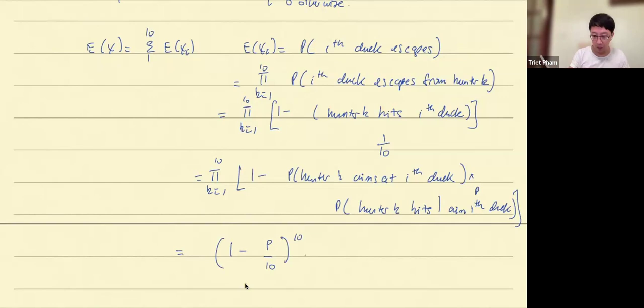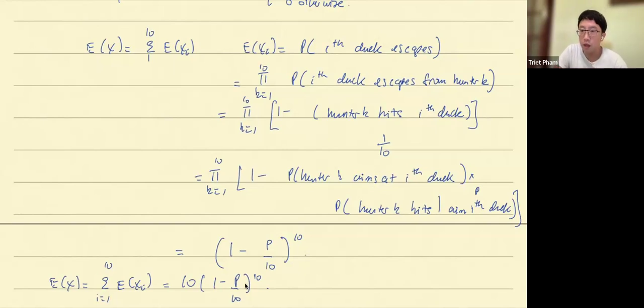But that's just the expectation of xi. So the expectation of x is the sum of the expectations of xi, i from 1 to 10, which are all the same numbers, so you just have a 10 in front. Any question?